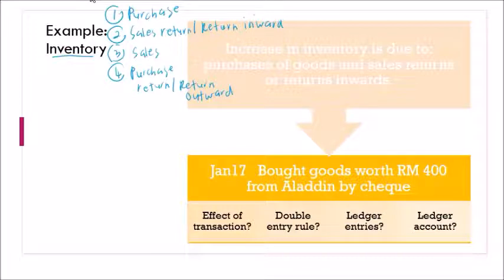Okay, so you can see from the description it says increase in inventory is due to purchase of goods and sales return or sales inward. So you can say that both of these transactions cause an increase in inventory, while both of these transactions cause a decrease in inventory. Okay.